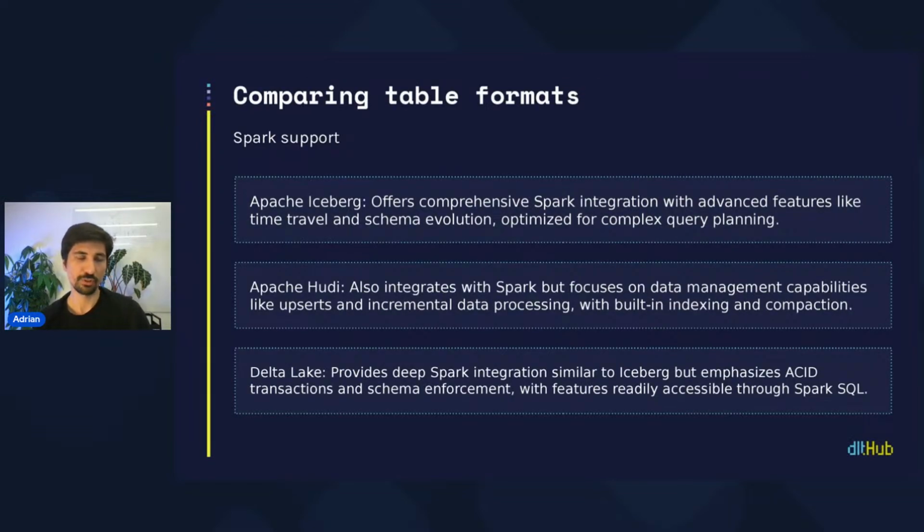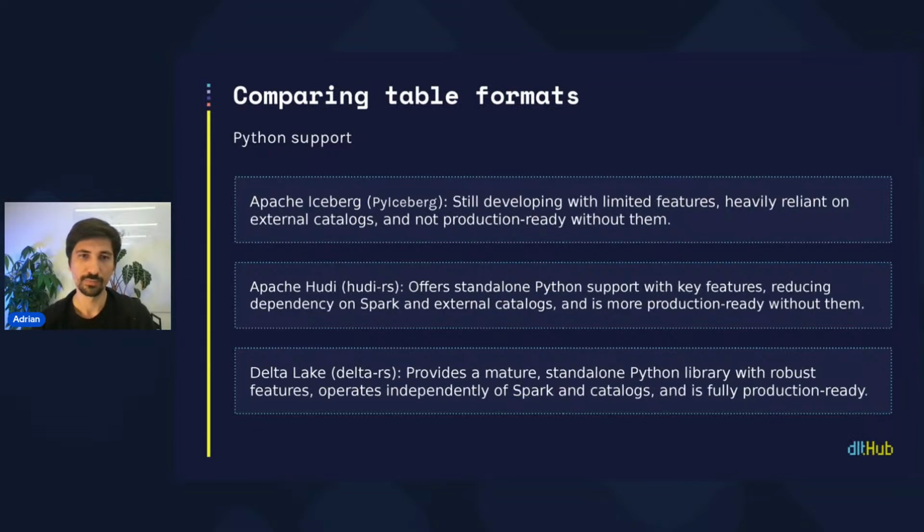So when we compare these table formats, we could start with Spark support, and we can say, yeah, all of them have excellent Spark support. That was kind of like the idea out of the box. When we look at Python support, we have different pictures. For Apache Iceberg, we have PyIceberg. It's still developing. It has limited features. It's heavily reliant on external catalogs, so it's not quite production ready.